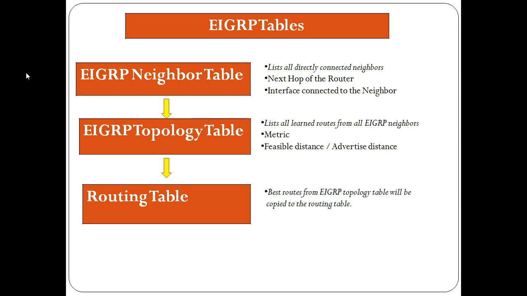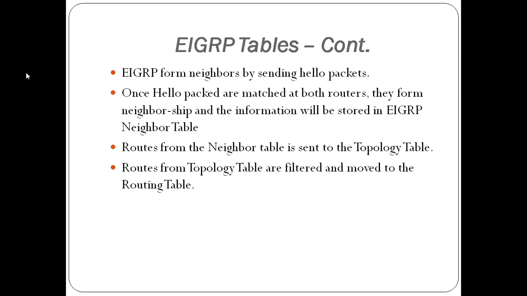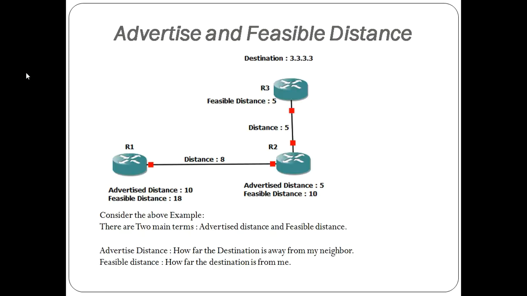Next is the routing table. The best route from the topology table will be moved on to the routing table to reach a particular destination. That's about the EIGRP tables. As I said, EIGRP forms neighborships with the help of hello packets, then moves on to the topology table, and then to the routing table.